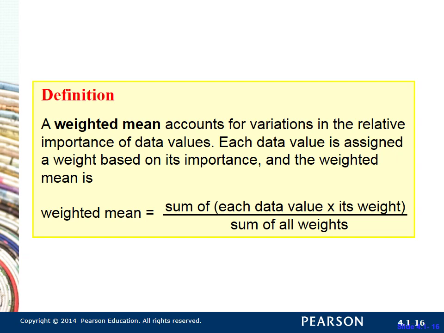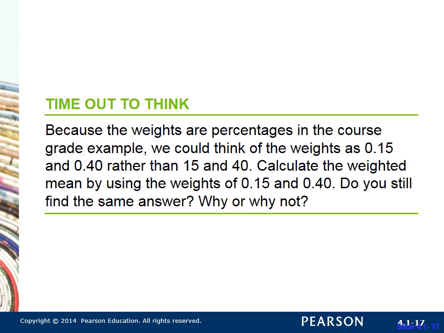So you take the sum of each data value times its weight, divided by the sum of all the weights. The example helps you see what that means. So make sure you do the weights, but you drop the percents. All right, so because the weights are percentages in the course grade example, you can also think of the weights as 0.15 and 0.40 rather than 15 and 40.